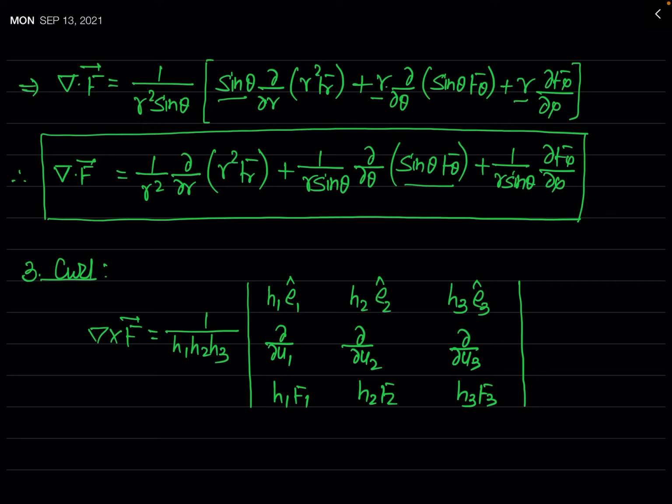And in the last term, again one of the r will cancel out, so this will be 1 over r sine theta del f phi by del phi. So this is your expression for the divergence of a vector function f in a spherical polar coordinate system.